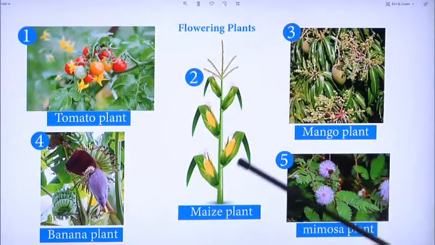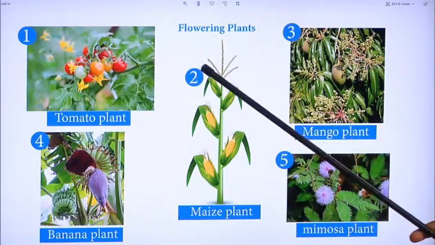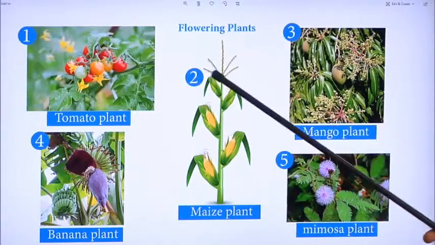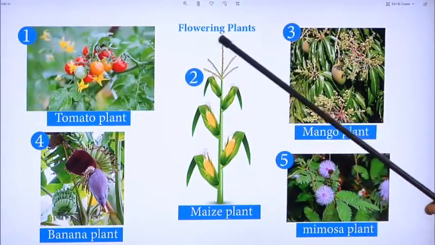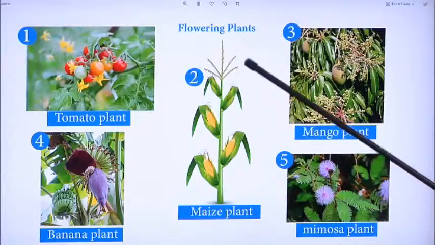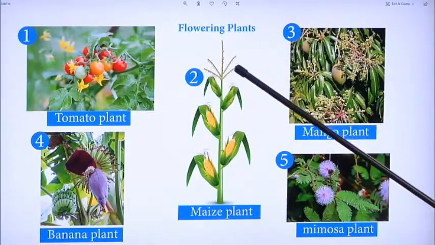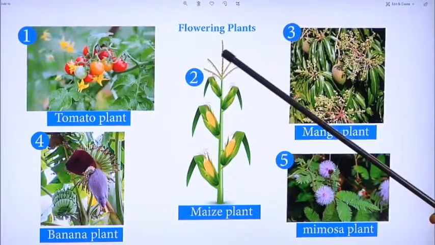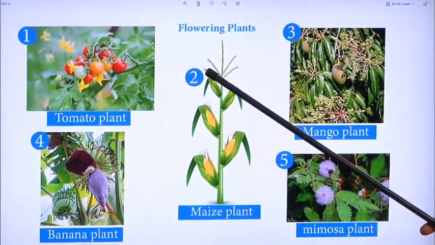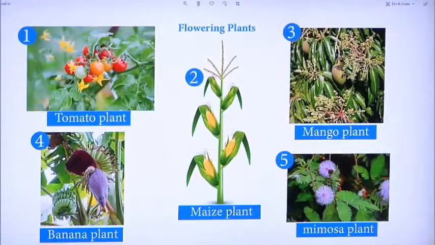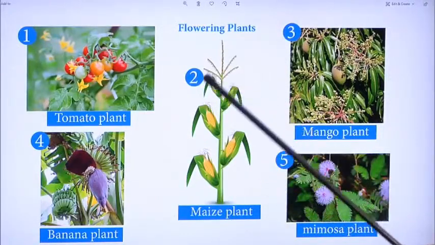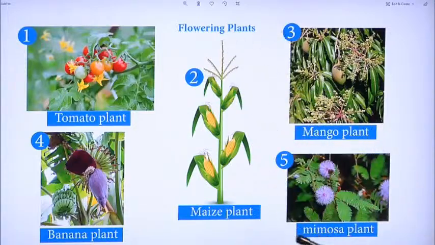Look at it well. Good. It has some flowers over here. Let us count the number of flowers. 1, 2, 3, 4, 5. Good. So maize plant also has flowers.